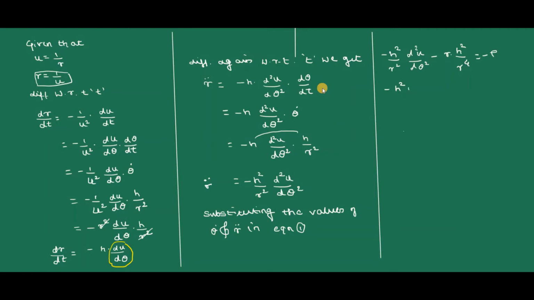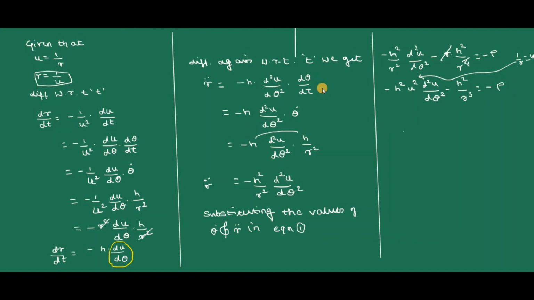This 1 divided by r square we can also write as u square, d square u divided by d theta square, minus, one of the r gets cancelled, so we are left with h square divided by r cube, is equal to minus p. Here we have substituted the value 1 by r is equal to u, so that we obtained u square.